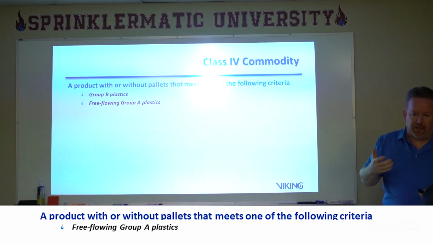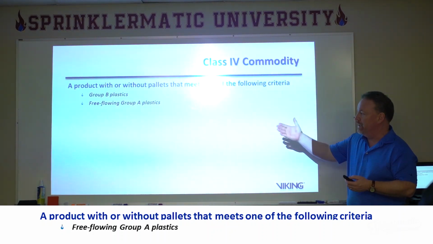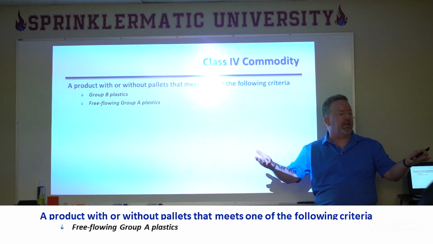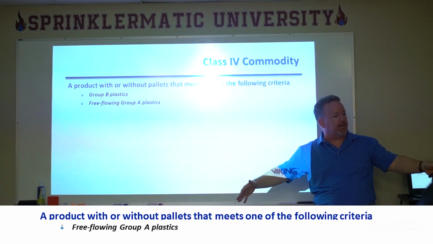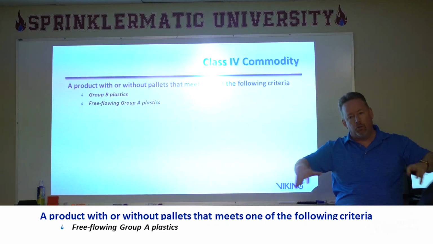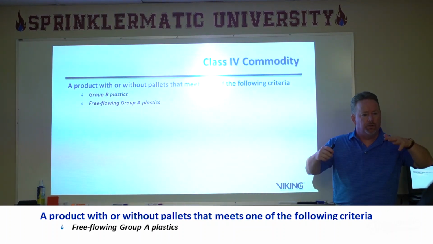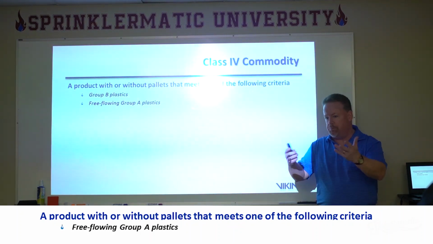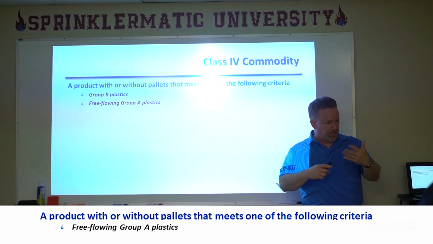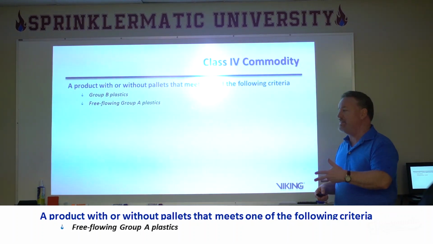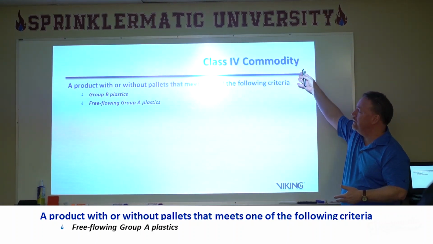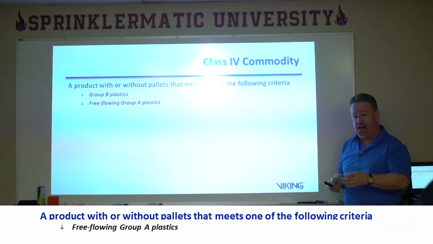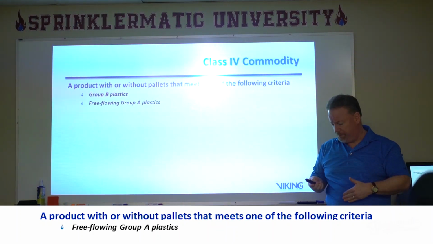Now, when it comes to free-flowing, it's if the cardboard box opens or the container opens, will this material, like packing peanuts or something like that, flow out into the space and fill the void spaces around the box, around the pile of storage? If that's true, then you can classify that as a class 4 commodity. If not, then we have to protect it as a group A plastic.